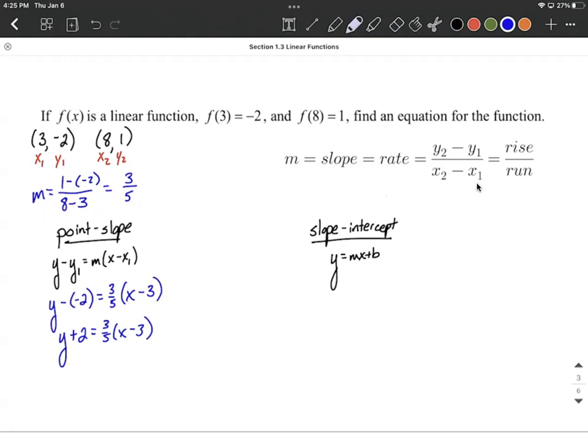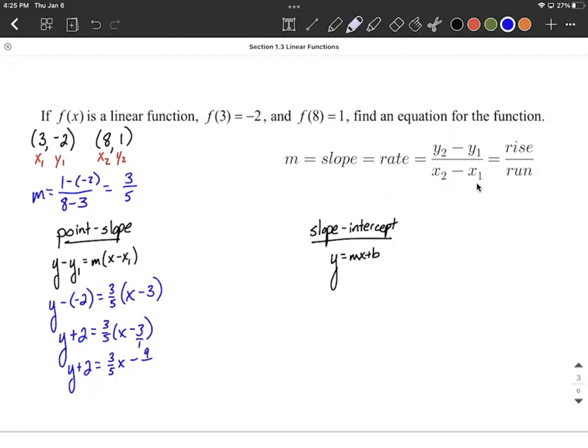There is a good chance that we want to rearrange this, make it look a little bit nicer. To do so, I may go ahead and distribute. That 3/5 can come to the inside, and I can say 3/5 times x minus 3/5 times 3. I'm going to think of that as 3 over 1, so it's like a fraction, just like our 3/5 is. We're going to multiply numerators. 3 times 3 is going to make 9.